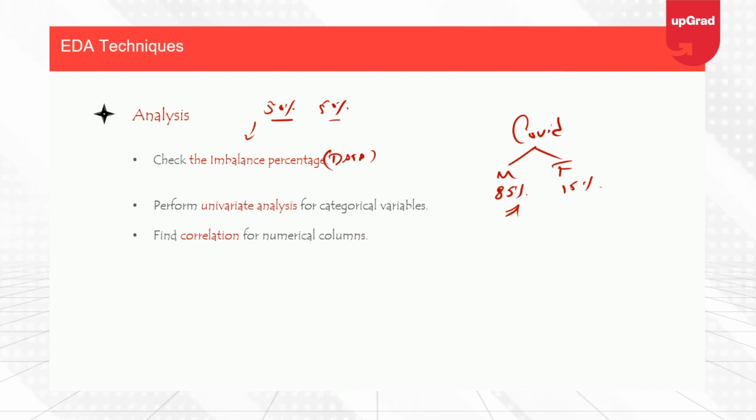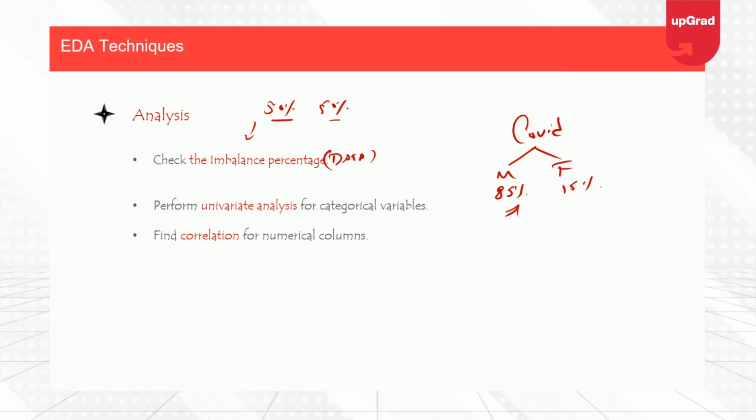Now whenever we see imbalance, it doesn't mean that it is negative, right, or that it is positive. Its interpretation will entirely depend on the data on which we are working. So if the comparison is between profit and loss, we surely want the profit percentage to be on the higher side, isn't it?